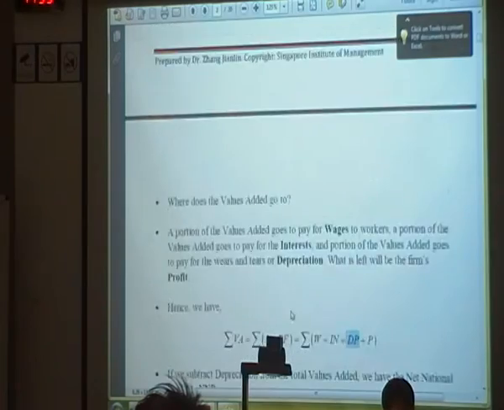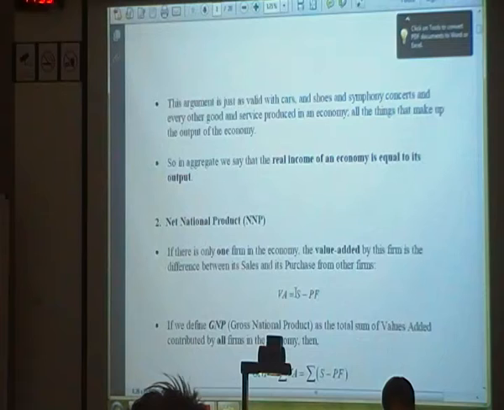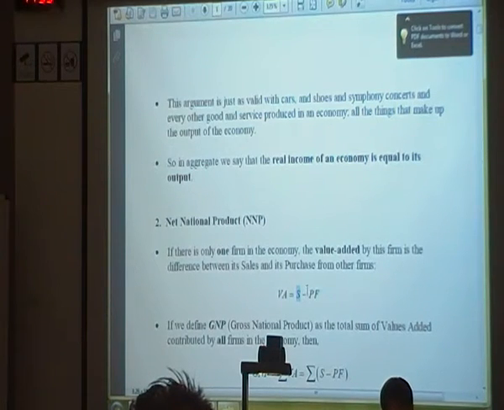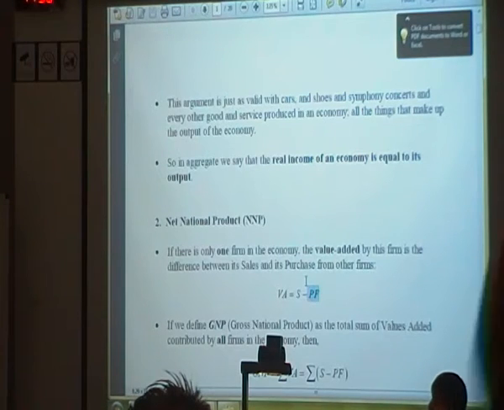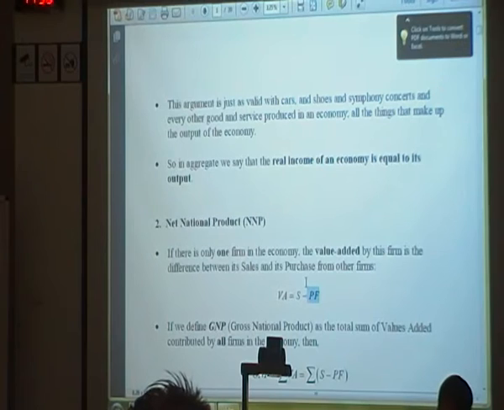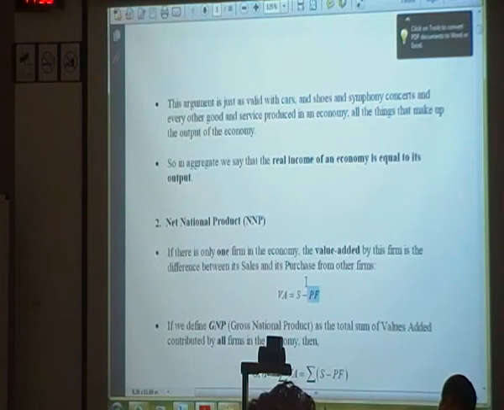So I want you to look at this equation. Sales, free, so this will be 0 or very low. Purchases from the firms, if you have education, what do you pay for? The wages of the teachers, the rental, electrical bills, computer labs.